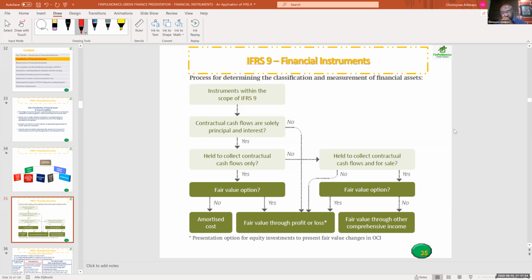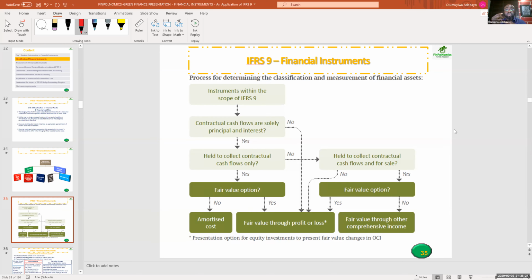By tomorrow, we are going to look at the flow chart presented by the IASB on how we determine what forms of financial assets will be classified as fair value through profit or loss, or fair value through other comprehensive income, or at amortized cost.